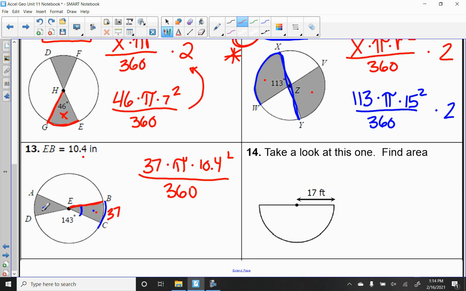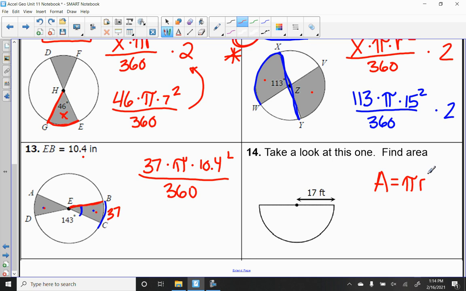Now, while we're on circles, I wanted to go ahead and do one more, the area of a semicircle. Okay, this is not a pizza slice. This is the area of a semicircle. And the reason why I just wanted to throw it in here is because I did not do it on the previous page. Remember, the area of a circle is area equals pi r squared.